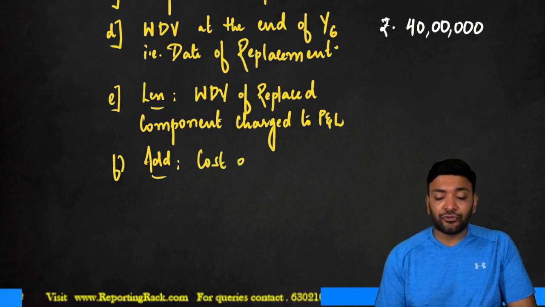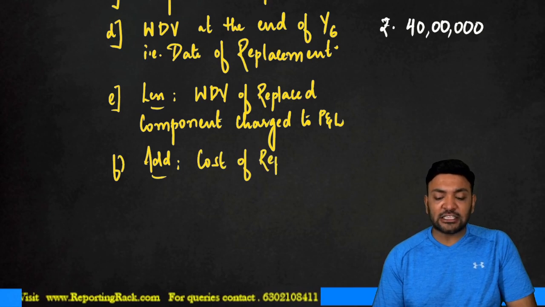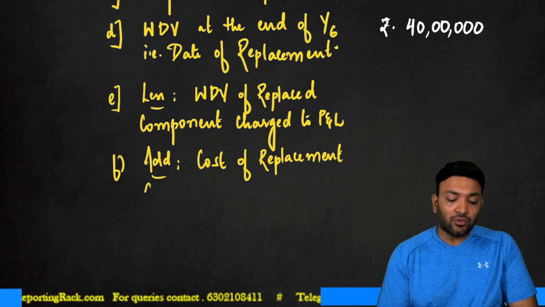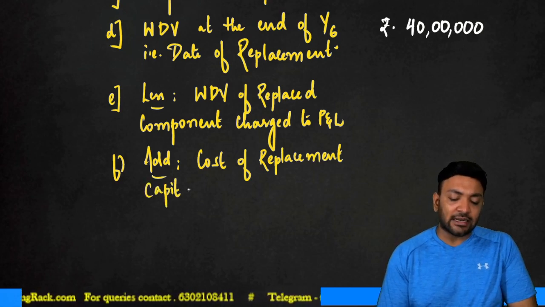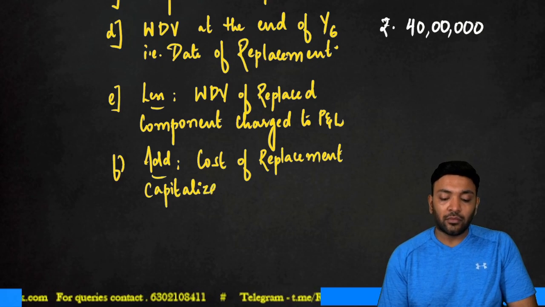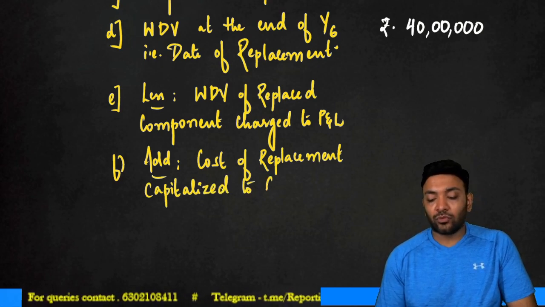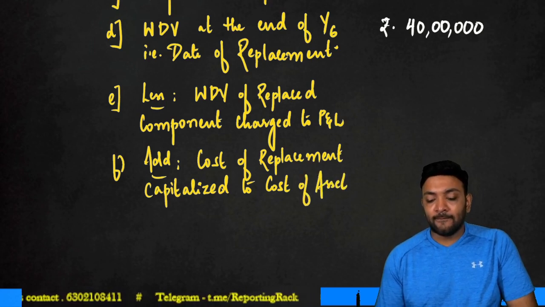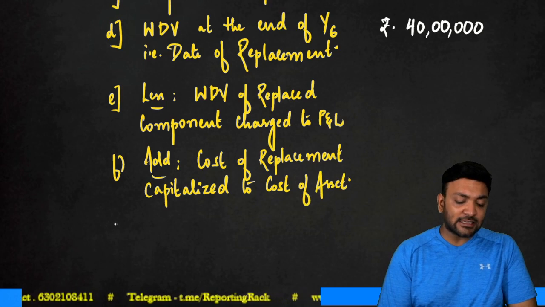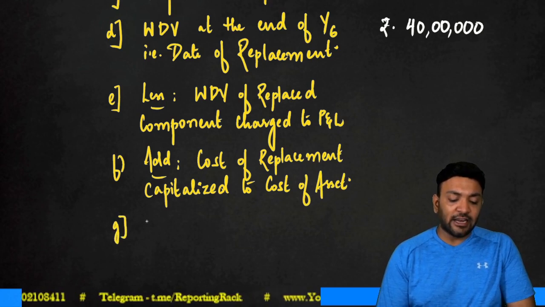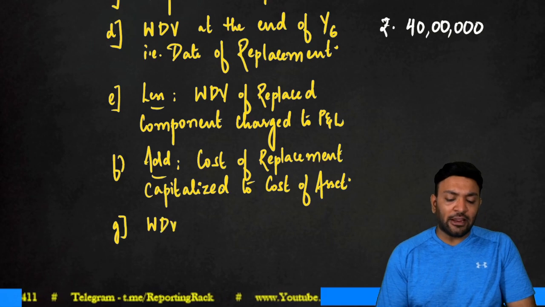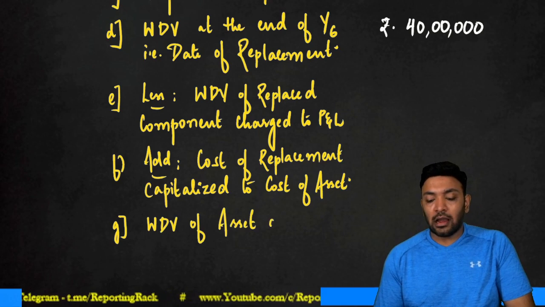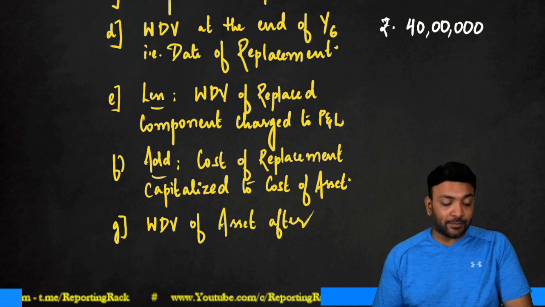Cost of replacement, which is capitalized to the cost of the asset. Finally, after these adjustments, I should be deriving WDV of asset after replacement.